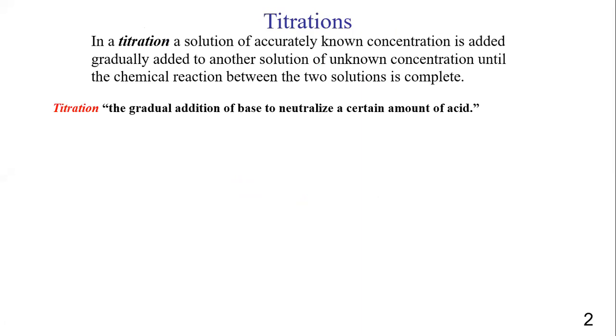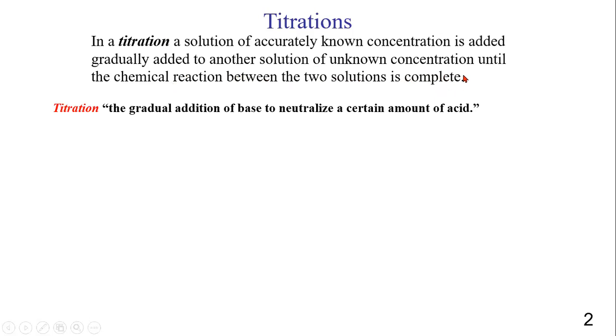For now, what is a titration? In a titration, a solution of an accurately known concentration is added gradually to another solution of an unknown concentration until the chemical reaction between the solutions is complete.